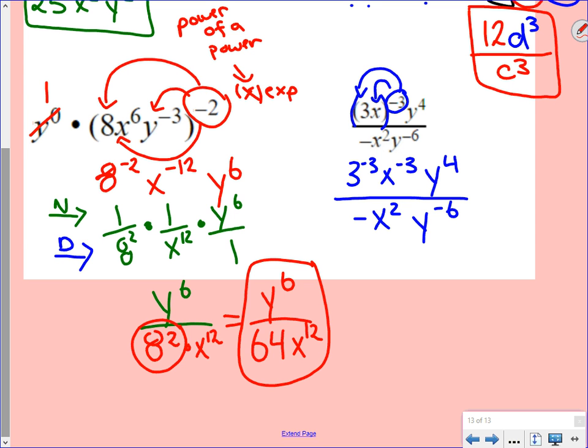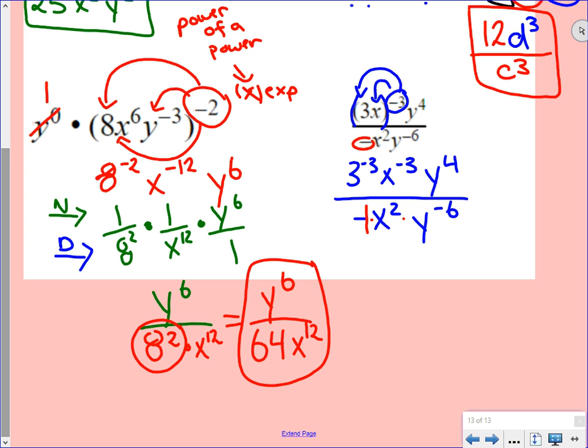If the negative is not included with the x in parentheses, this just means it's saying negative 1 times x times y. That can be confusing, so watch out for that. This is not saying negative x, it's saying negative 1 times x. So really watch out for that.